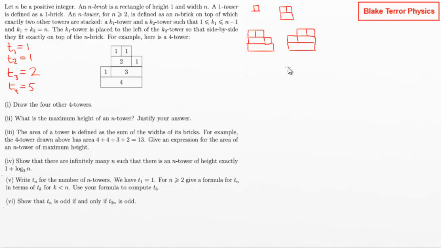So every time we split it, it's got to be something to do with the number of options that we've got here multiplied by the number of options there. I mean, this is saying it's T2 times T1 plus T1 times T2. That's what we got there.